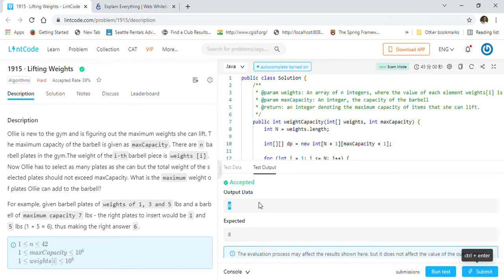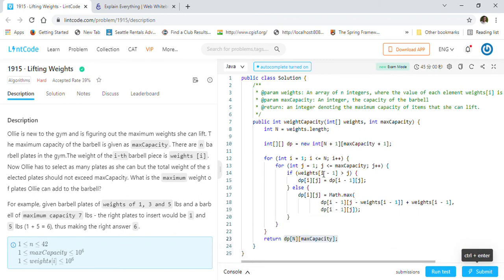So this is the way we can solve this problem. If you have m weights and n capacity, you are going to go through all the m into n cells, because you have these two for loops. That is your time complexity. The space complexity is also m into n, because we create this 2D DP array with m into n cells.